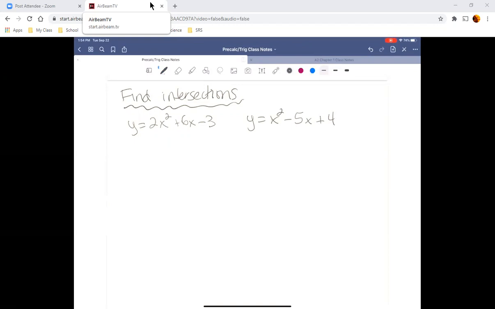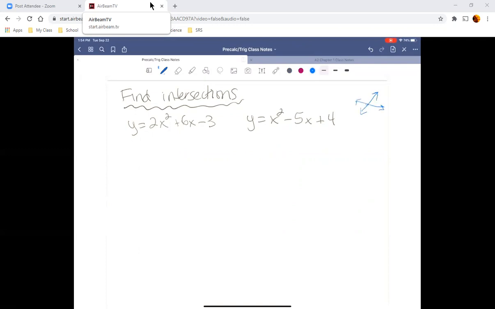When we talk about intersections, if you think of two lines or graphs, we're trying to find out where they cross. What would that special thing be called? Yeah, it's the intersection. So say you have this line and this line.